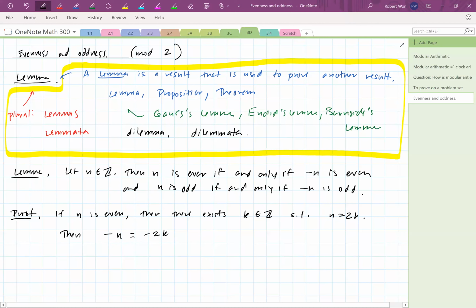So why is that even? Because it's 2 times something. It's 2 times negative k. And we know that negative k is also an integer if k is an integer, right? And negative k is in Z, so negative n is even.